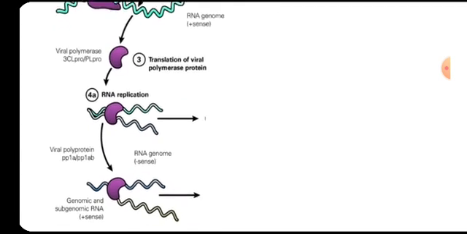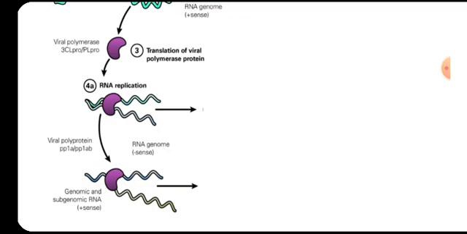Then the fourth step: once this polymerase is synthesized, it will help this RNA, that is the positive sense RNA, to undergo replication. The function of this polymerase is to form multiple copies of RNA. That means it helps in replication.